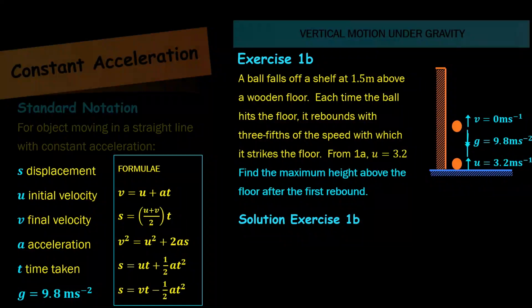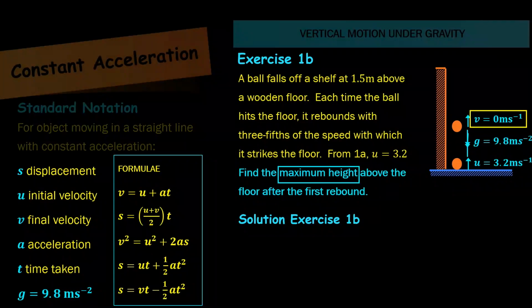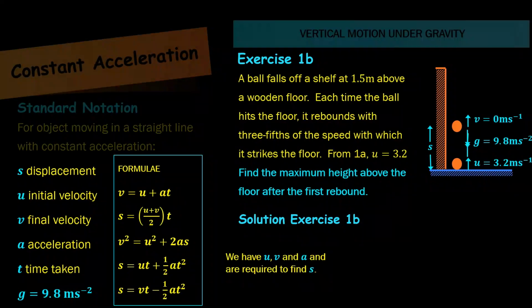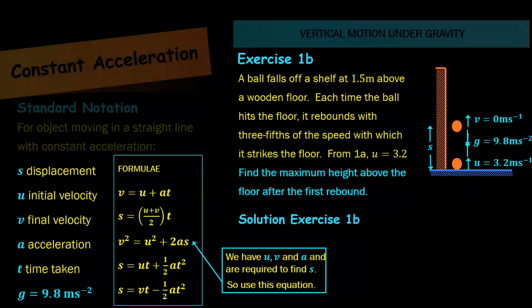And we have that the final velocity, v, is equal to 0 meters per second. And we would like to find the maximum height, s. So we have u, v, and a, and are required to find s. Therefore, the equation we are going to use is v squared equals u squared plus 2as.